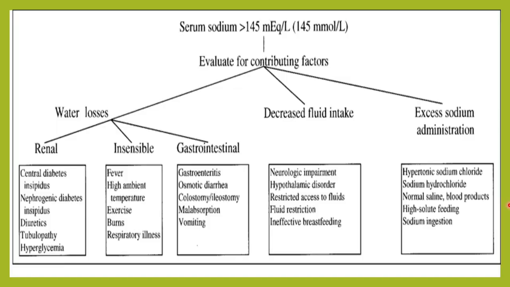We will need to evaluate the patient's serum sodium, urine sodium, volume status, etc., then find out what is actually causing hypernatremia and treat the cause to maintain normal levels of sodium in the blood. So that is all about hypernatremia.